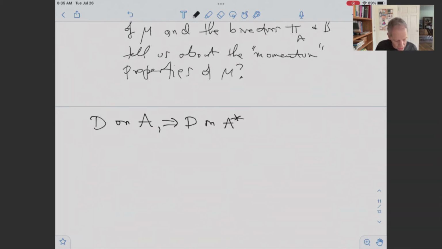And that gives a splitting of TA into a horizontal piece and a vertical part, T of A star, rather.